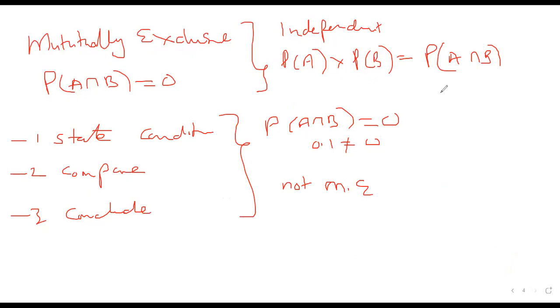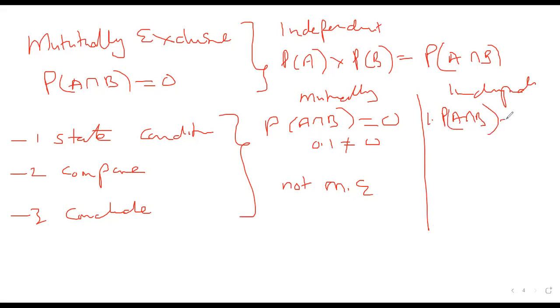How about independence? What is the condition for independence? A intersection B must be equal to what? Multiplying A times B. So what was our A? You go back to what was given.